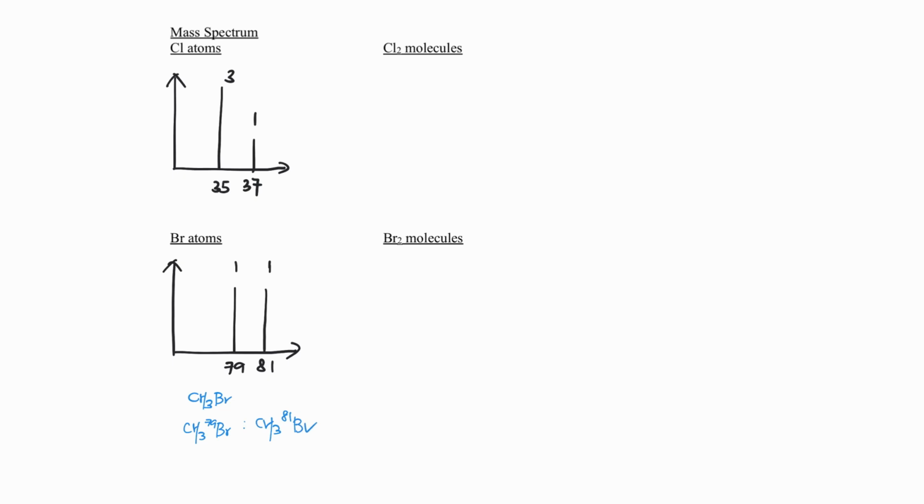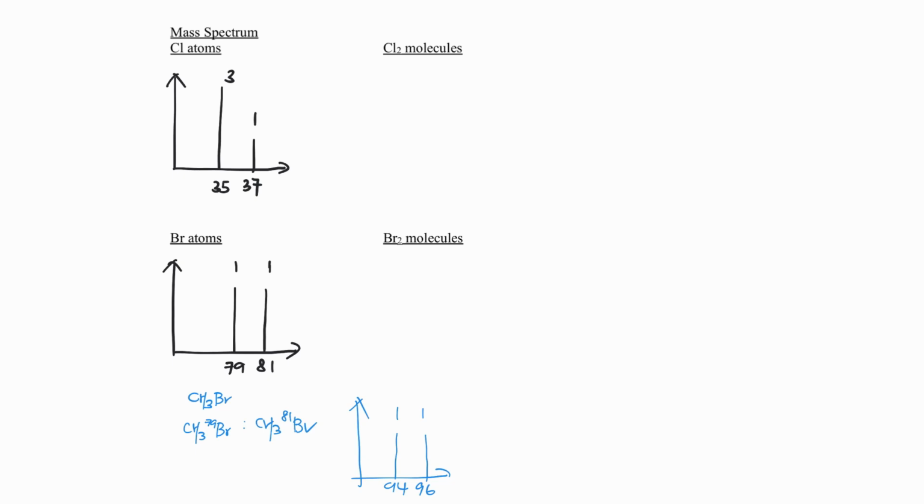So the molecular ion will also have two peaks, at 94 and 96. The relative heights of these two peaks will be the same as well, a 1 to 1 ratio.